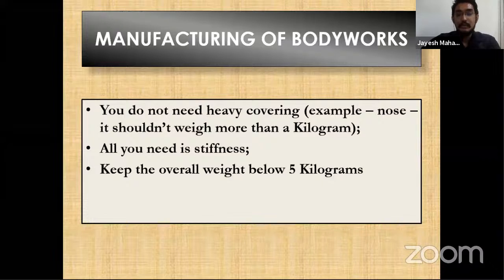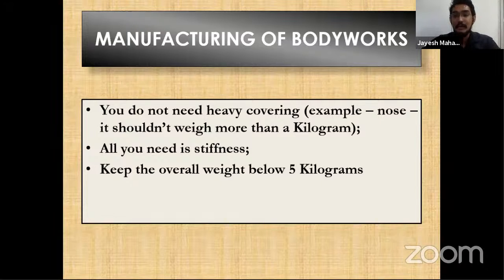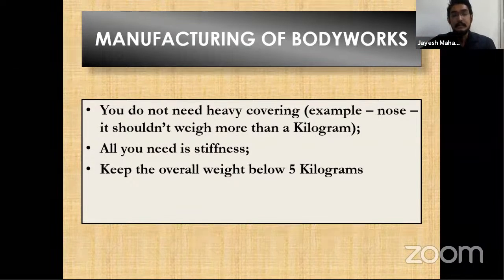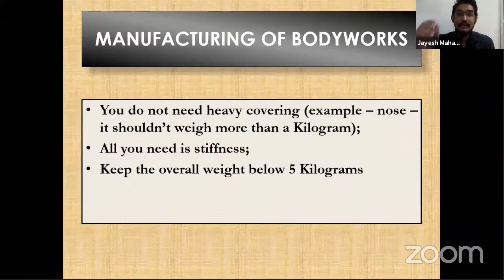You actually do not need heavy covering, not at all. If I give an example of a nose cone, it should not weigh more than a kg, and that is a maximum of a kilogram, considering it's quite a big nose cone. It's just a covering, and if it takes the shape of your chassis, your chassis tubes are actually acting as ribs, which itself gives the component the required strength.